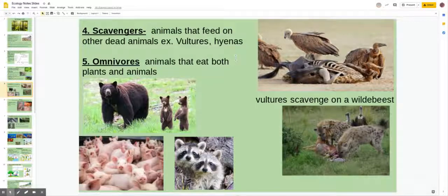There are omnivores, which are animals that eat both plants and animals. And that's going to include things like raccoons, pigs, and bears. They tend to be opportunistic. So, where's the food and what can I get today? Those are opportunistic organisms. They'll take what they can get when they can get it.